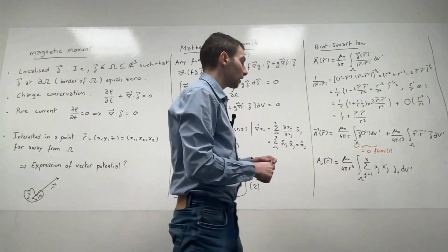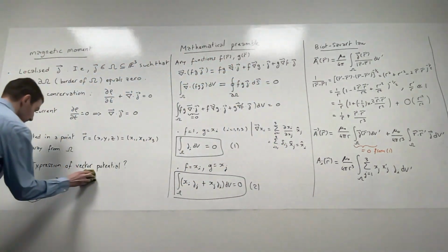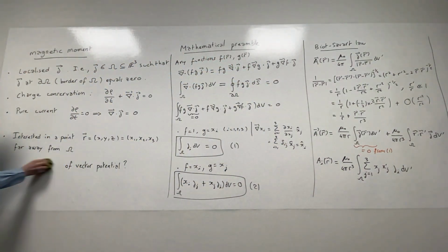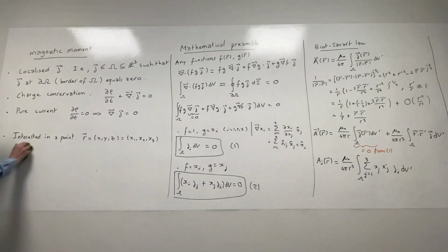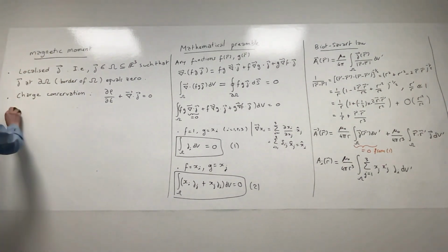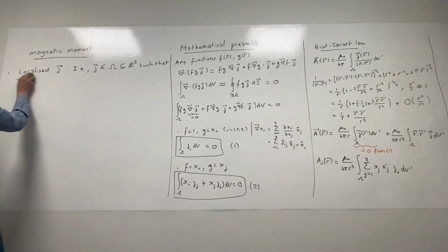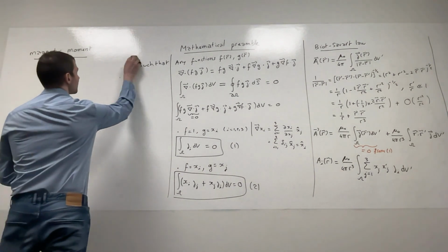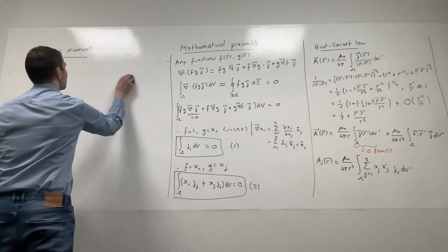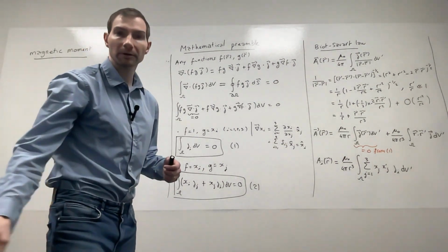I'm going to continue the rest on this board, so I need to erase this part here. We are still calculating the magnetic moment anyway, so let's keep magnetic moment here.